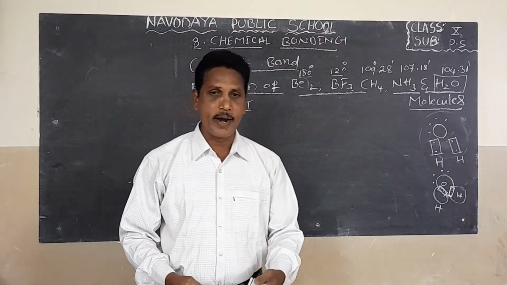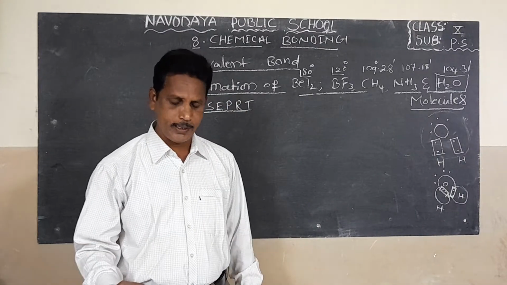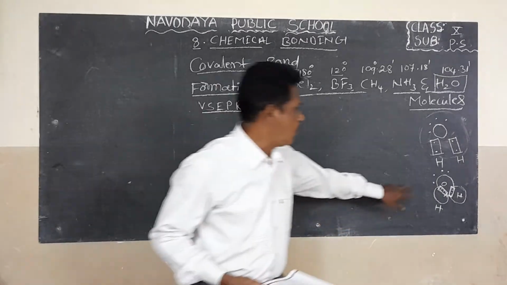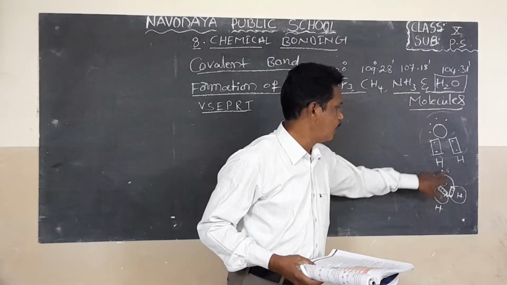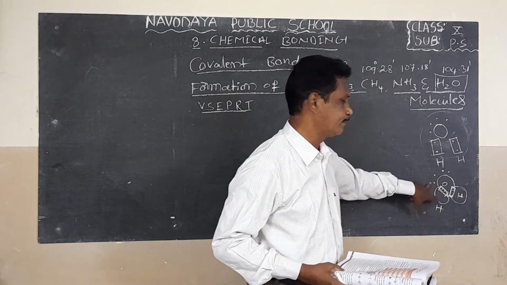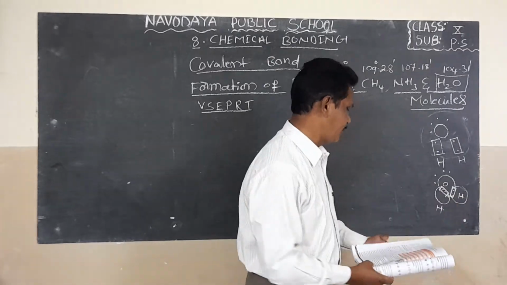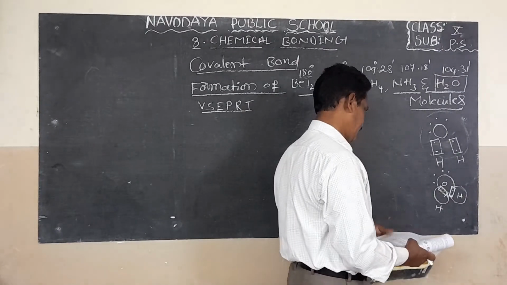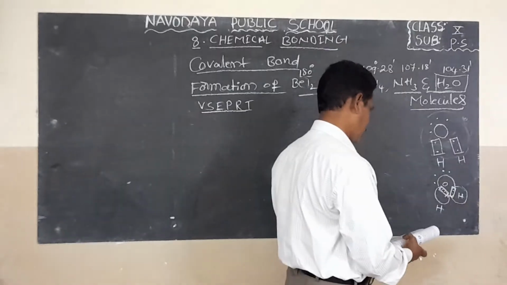See the third point, most important students. Third point, lone pairs occupy more space. Lone pairs of electrons occupy more space. This diagram again we write, H2O.